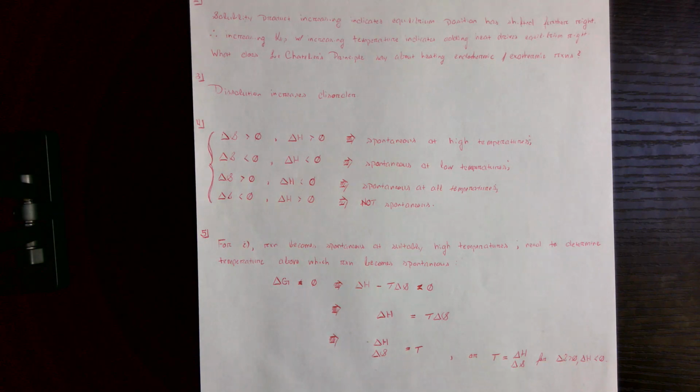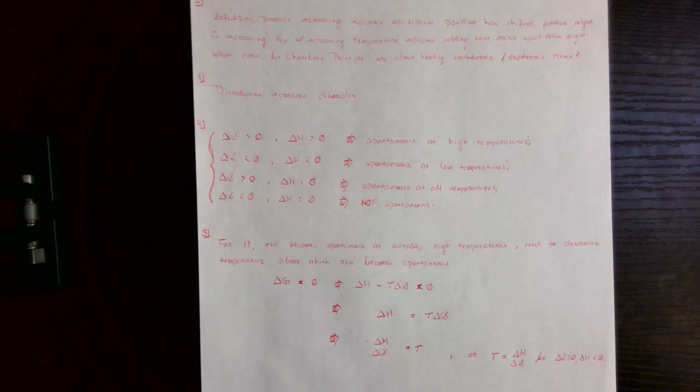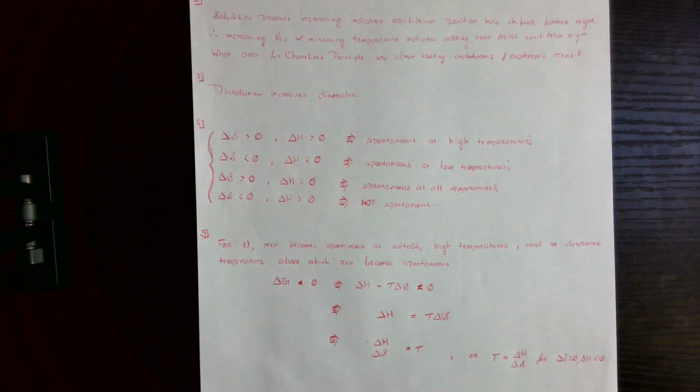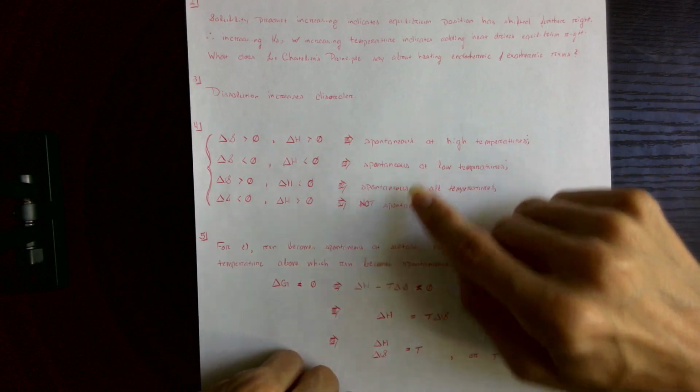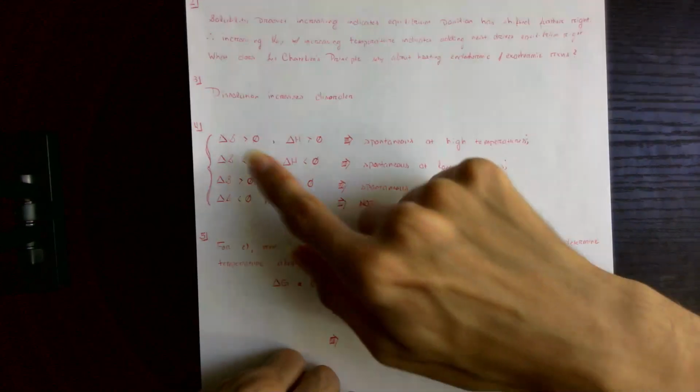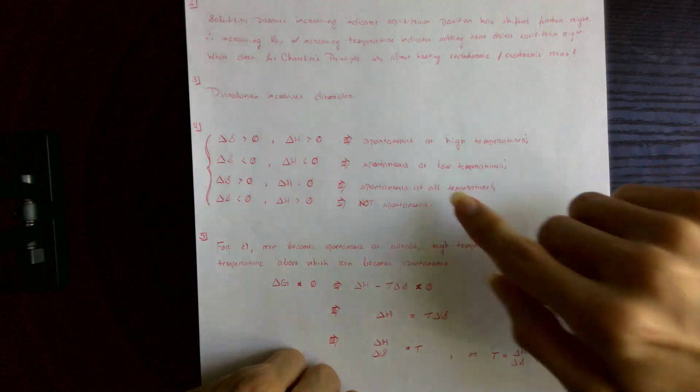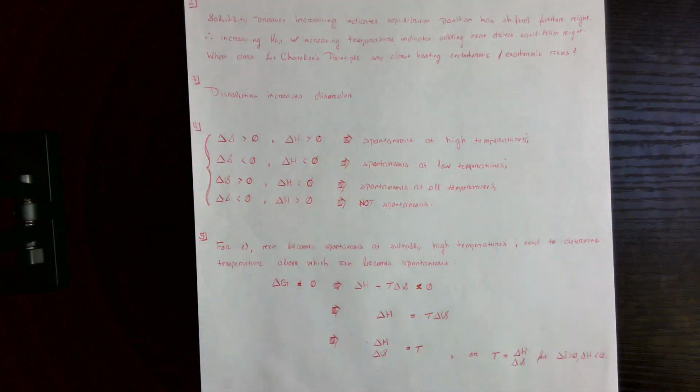If delta G at 300 is negative, then you would expect it to be spontaneous at this temperature. If delta G is positive, then you would say it's non-spontaneous at this temperature. It's not a deep question. You just need to look at delta G and figure out whether it's positive or negative. My notes for 4 really should have been included under 5. I probably should have just left 4 blank. This is all one thing.